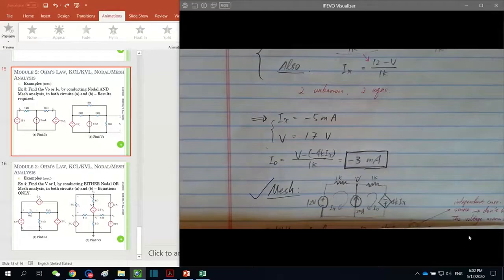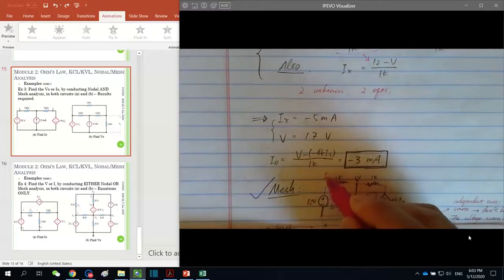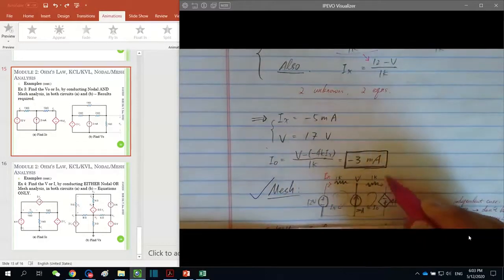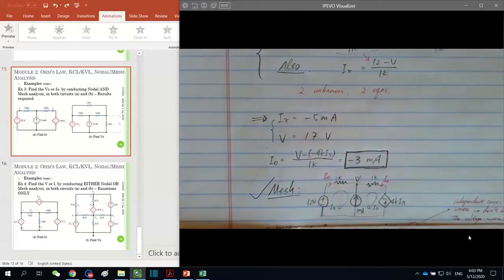If we apply mesh analysis on the same circuit, we obviously notice there are 2 meshes, here and here, with clockwise rotation direction. And since Ix and I0 are labeled here as this, we can feel free to use them as the mesh currents, Ix as the mesh 1 current and I0 as the mesh 2 current.